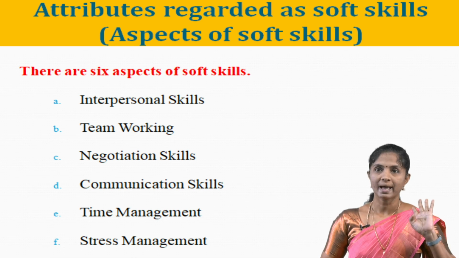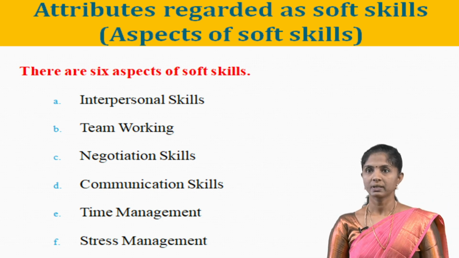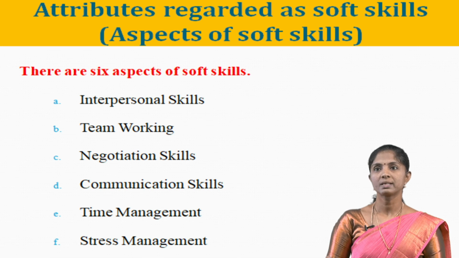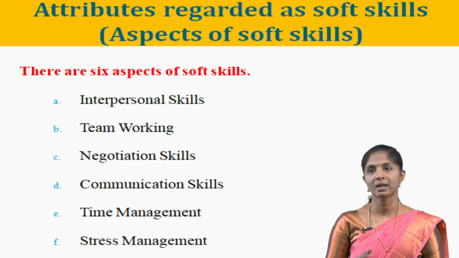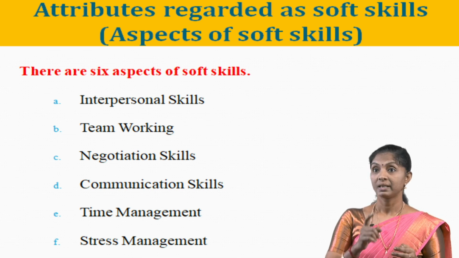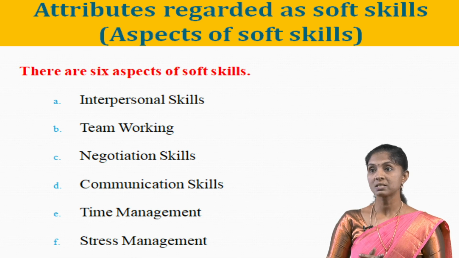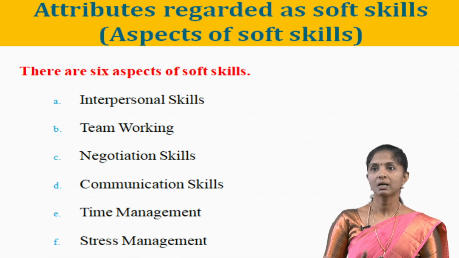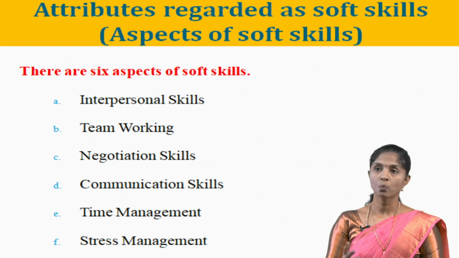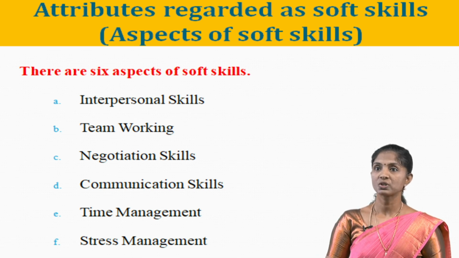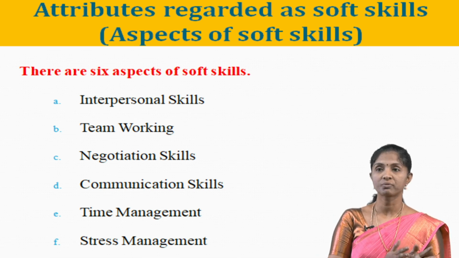So, these 4 aspects are the main aspects of soft skill. Next one is time management and stress management. Nowadays time management and stress management are very important because you should plan all your works carefully and finish any work within the given period of time.